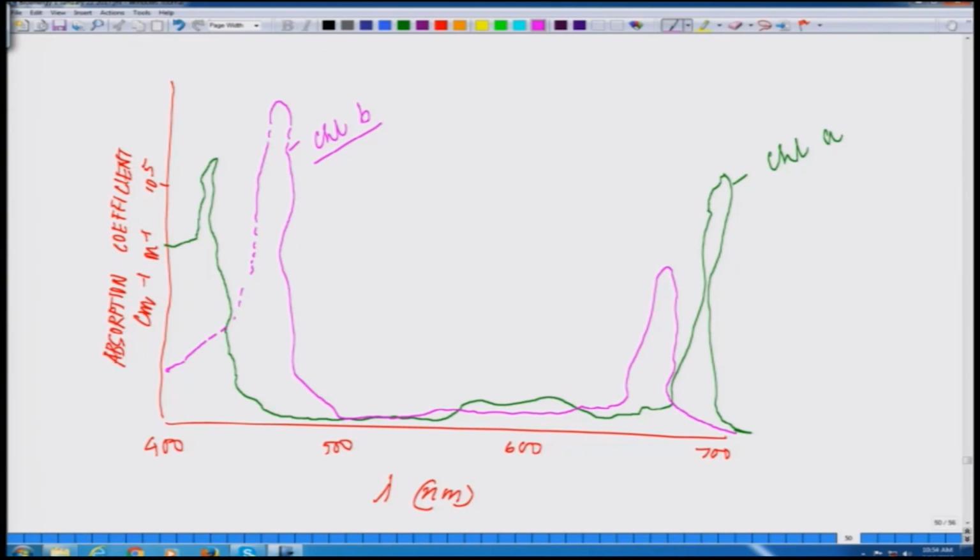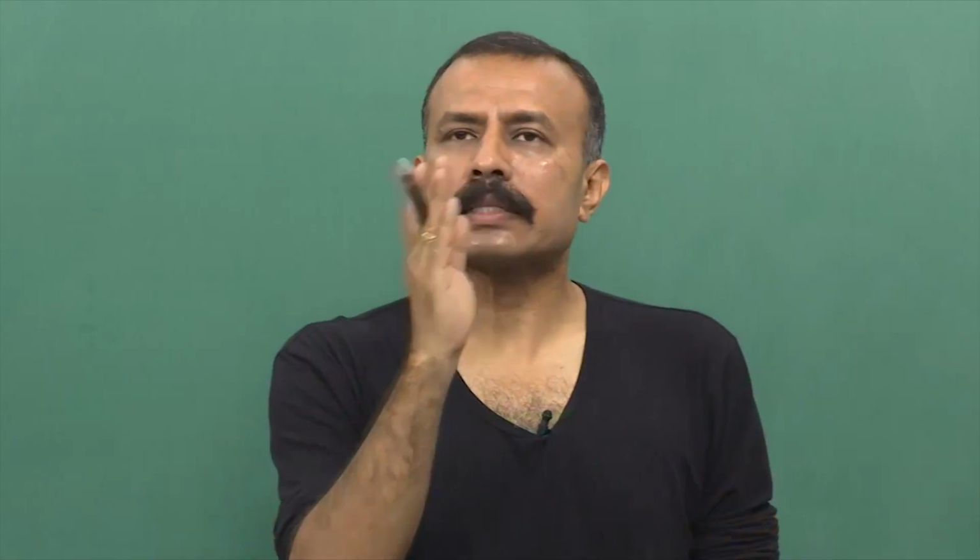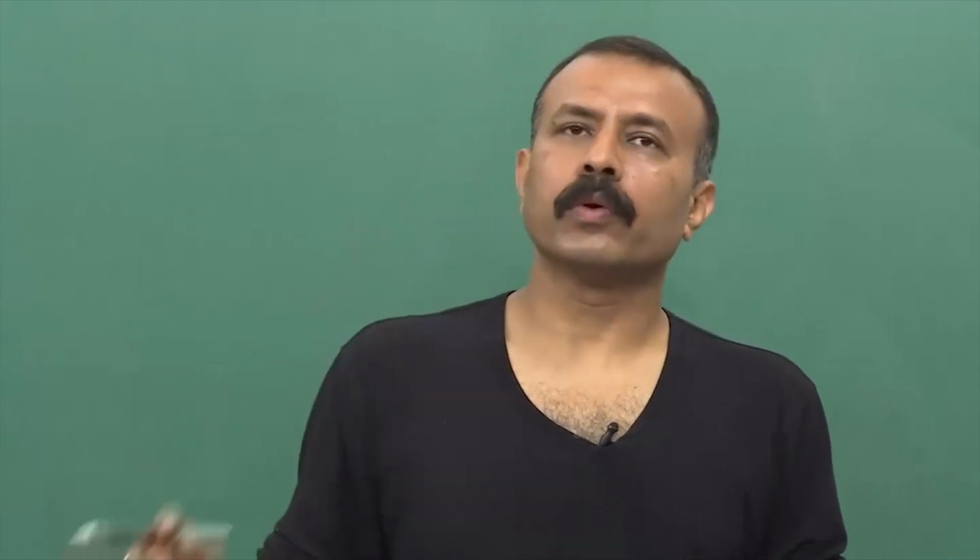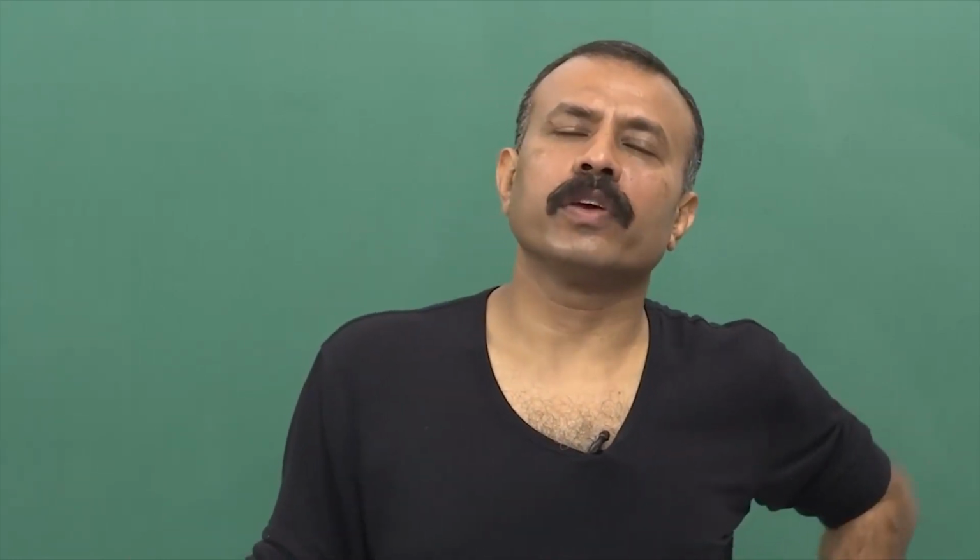So, what you observe is that there is a slight staggering in the wavelength at which chlorophyll A and chlorophyll B are absorbing. But what is interesting to note is that there is a huge, vast part of the spectrum where there is no absorption. These are the peak absorbances which are taking place at that particular wavelength.